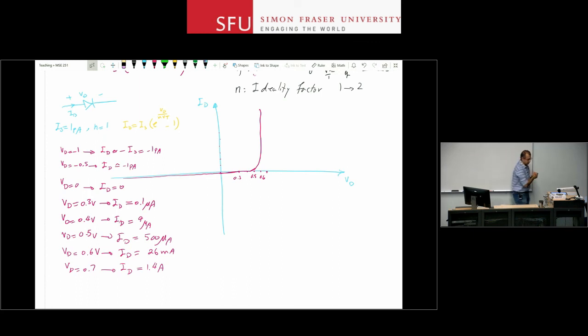So what we're going to do is that, unlike an ideal diode, we can make these things. And we can make millions and billions of them on a chip.